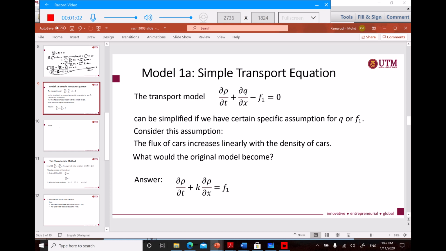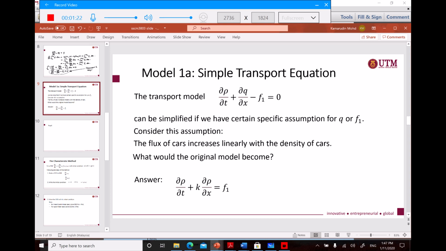So in terms of solving, if we have many variables, it will be difficult. Okay, so we can simplify it depending on the method that we are going to use.